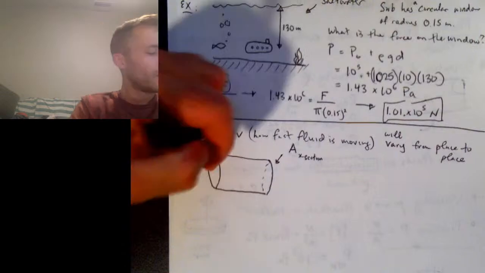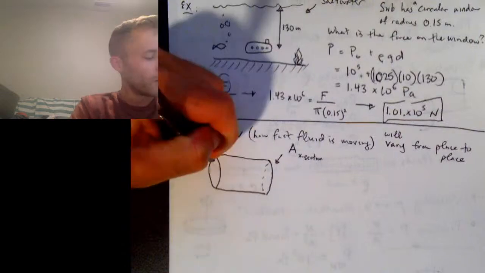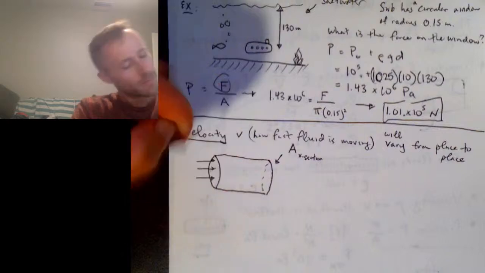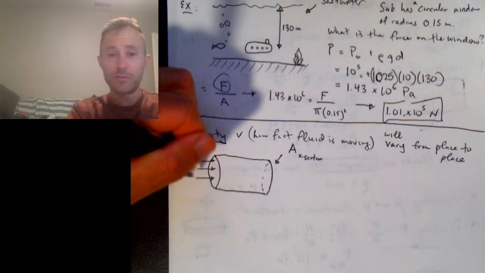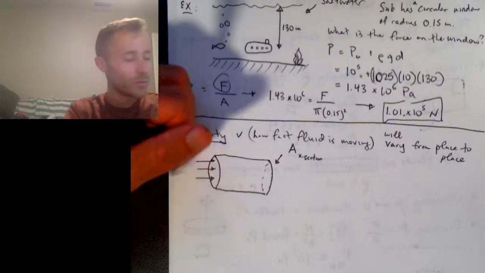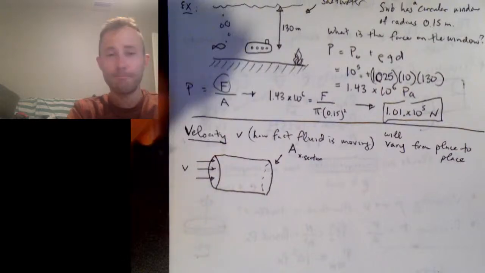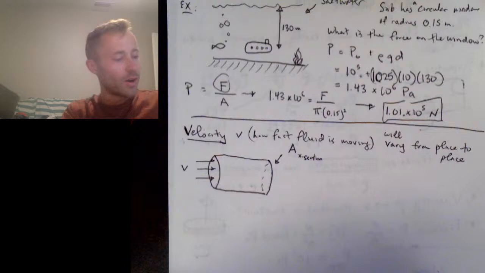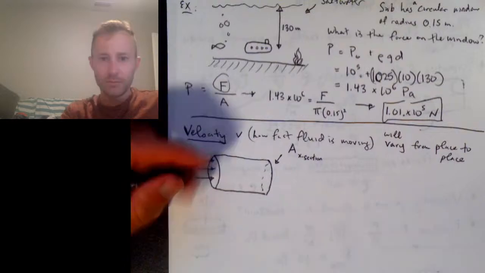And we're going to assume that the velocity of the fluid that is going through the pipe is v. All right. And that it's constant throughout the pipe.